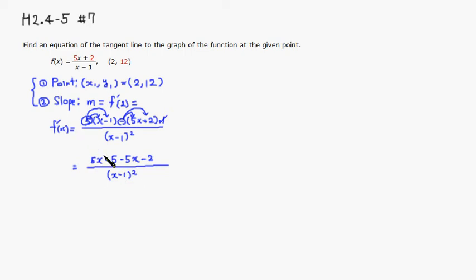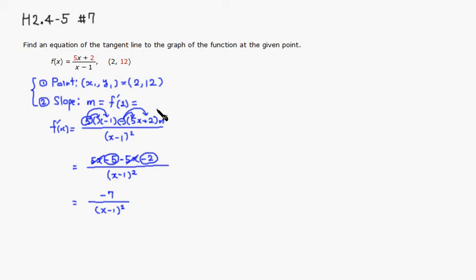Luckily we have 5x here and minus 5x, so they cancel out. What you get is negative 5 minus 2, so it's negative 7 over quantity x minus 1 squared. All right, so let's find the slope.